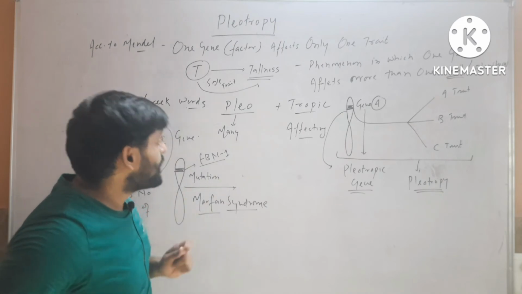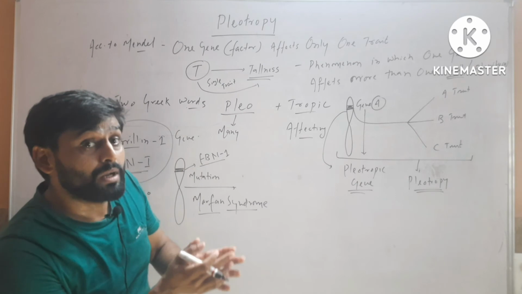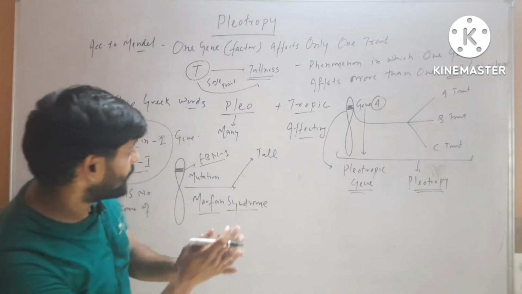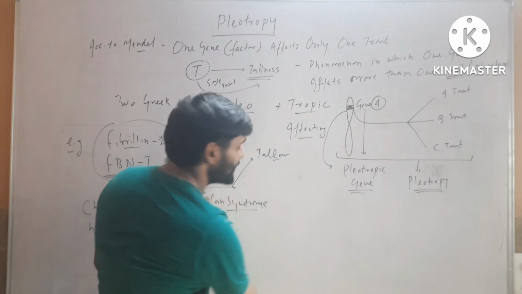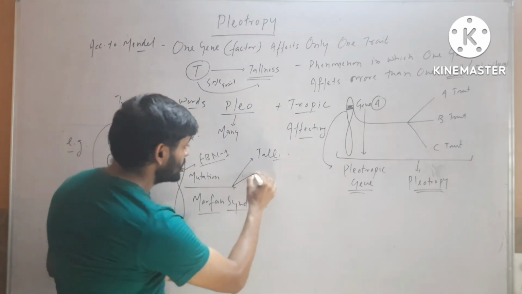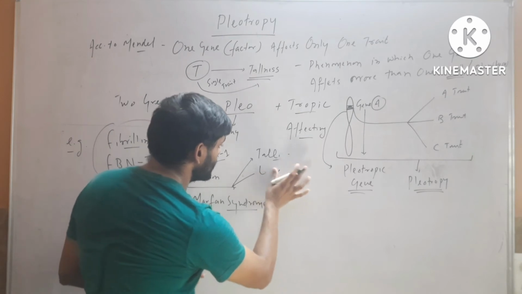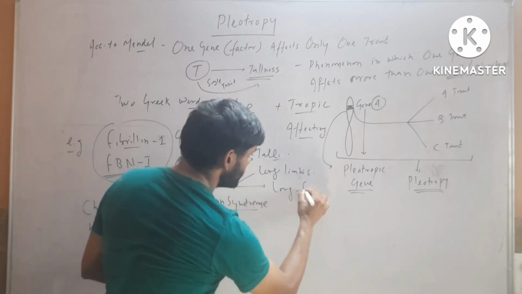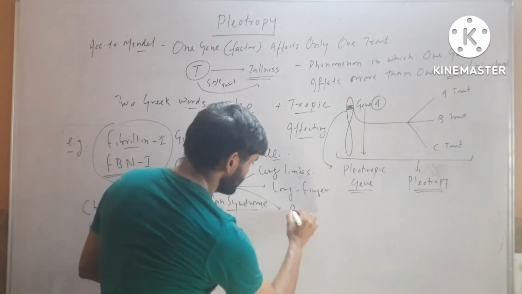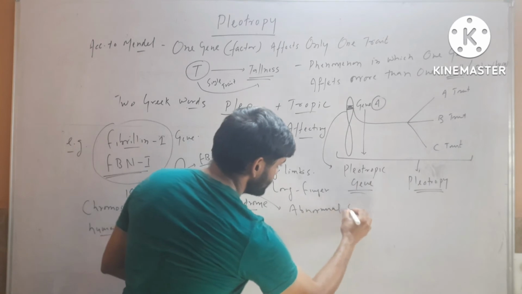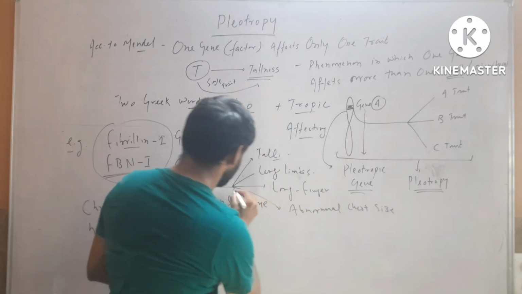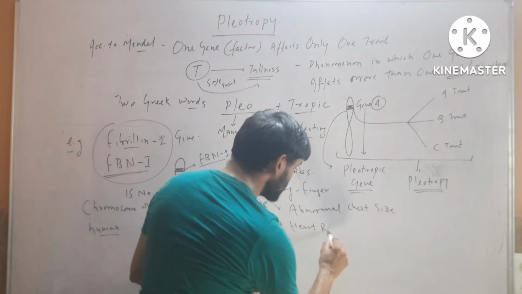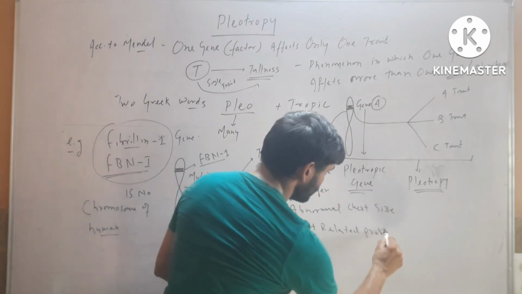causes Marfan syndrome. A person affected with Marfan syndrome has abnormally tall height, they are abnormally taller, they have long limbs, long fingers, abnormal chest size, and they also have heart related problems.